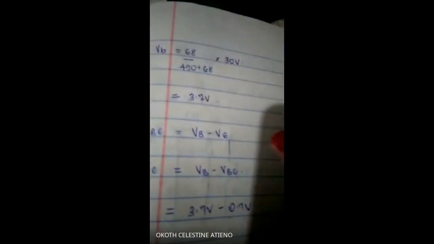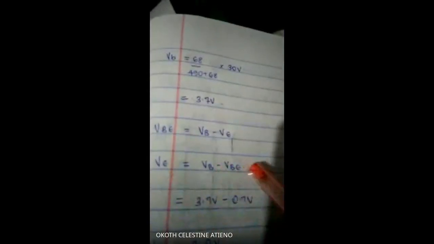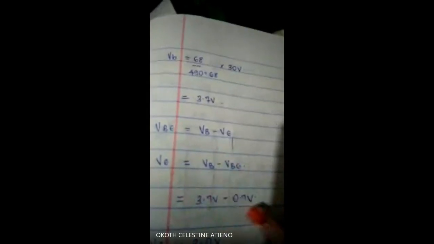So our VB is 3.7, and we get our VE as 3. If you have VE, we can get IE. IE is going to be VE over 20, so that is 3 over 20, which gives 0.15 amperes.